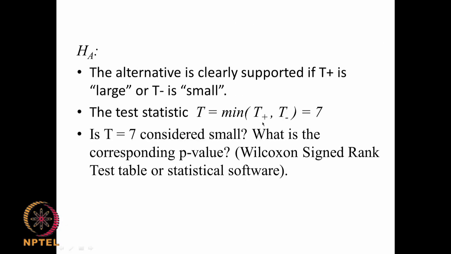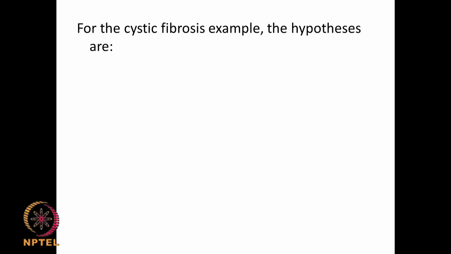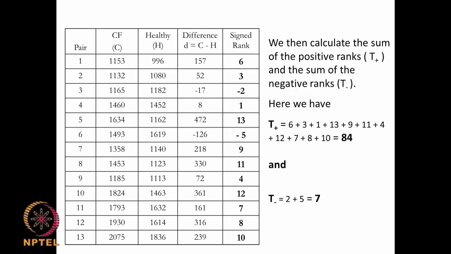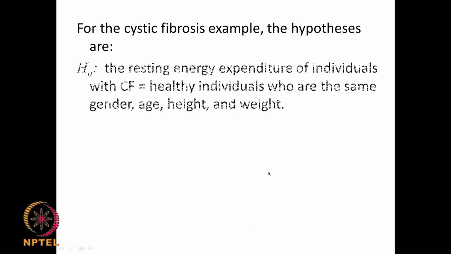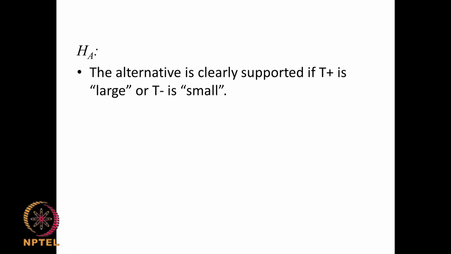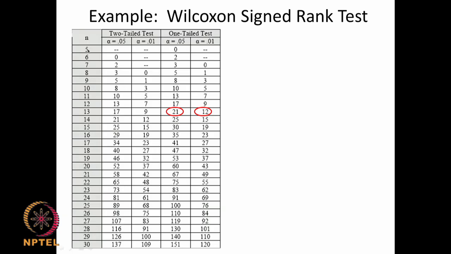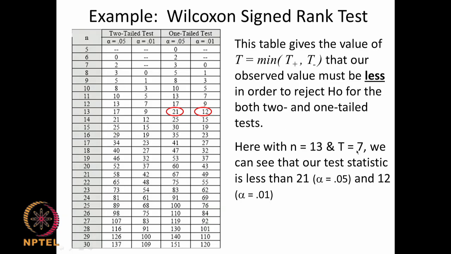We take the 7 here, and the total number of data points is 13. So we go to the total number, 13, and we compare with 7.